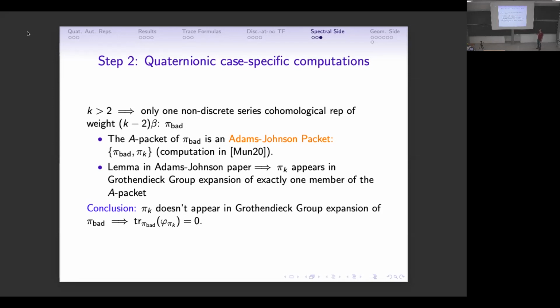So I just want to make a note here that by slightly more complicated arguments, there's some combinatorics about exactly which of these cohomological representations exist and which ones can exist with certain Harish-Chandra parameters. And you can look at this combinatorics and it lines up very nicely with the combinatorics that makes a discrete series quaternionic.